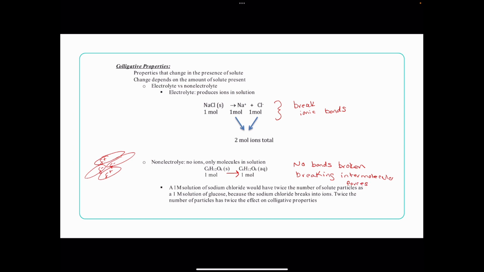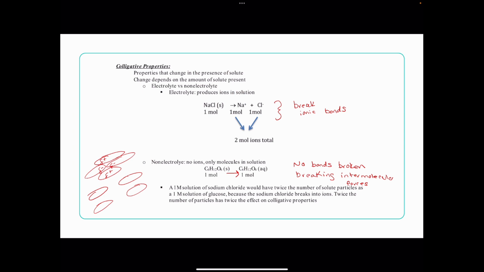So if I start with 4 molecules of sugar here, they're going to break up into 4 molecules of sugar. The bonds aren't breaking, so I'm not releasing 6 carbons or 12 hydrogens. It's still bonded together. They're just not stuck to other sugar molecules anymore.